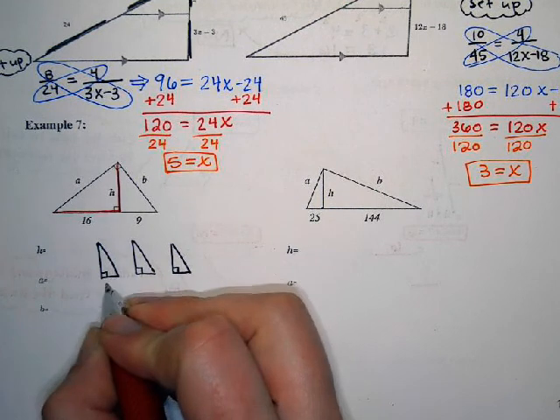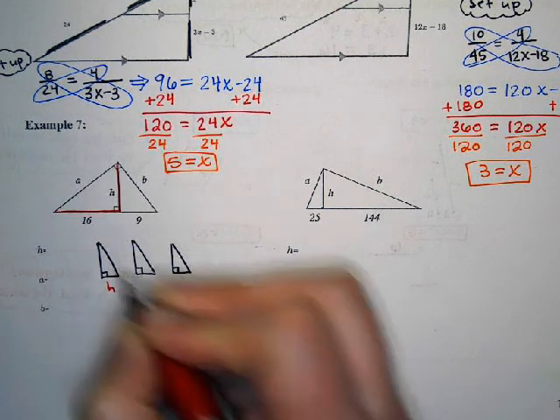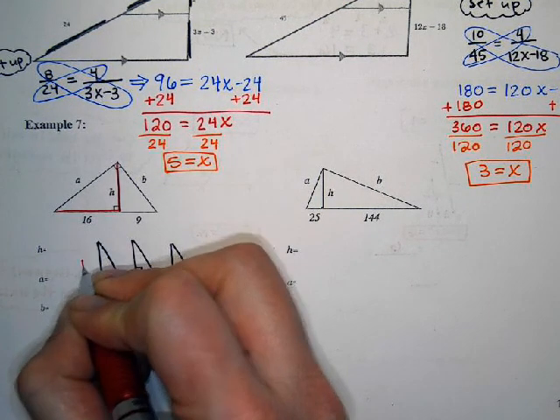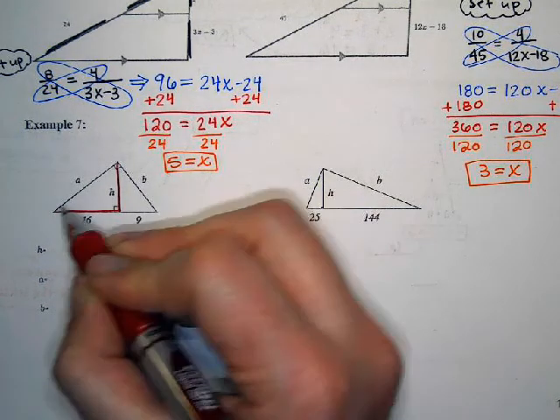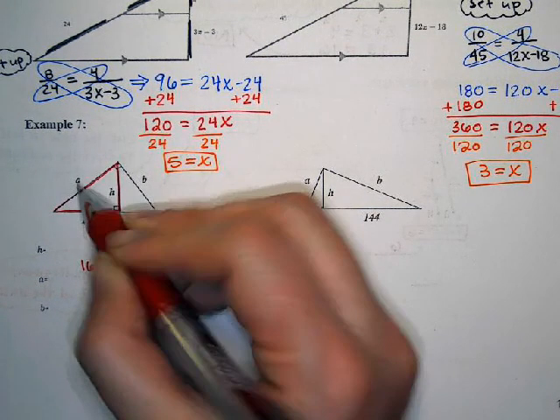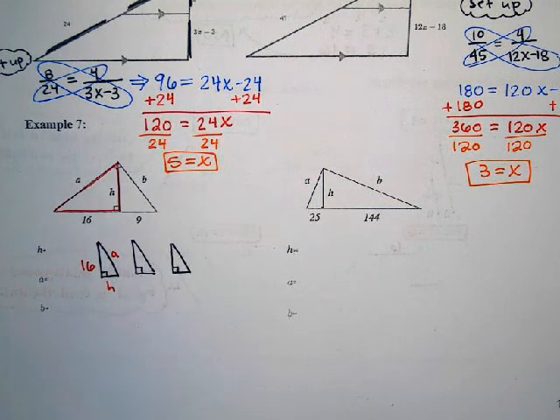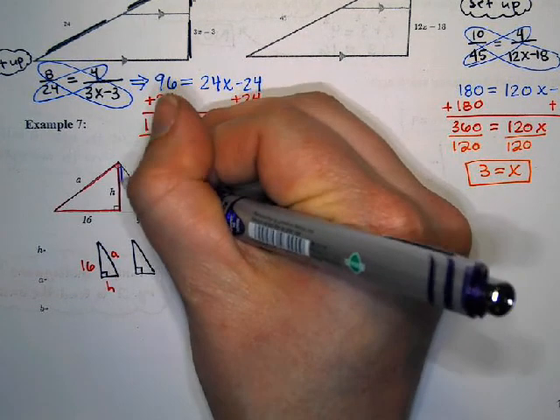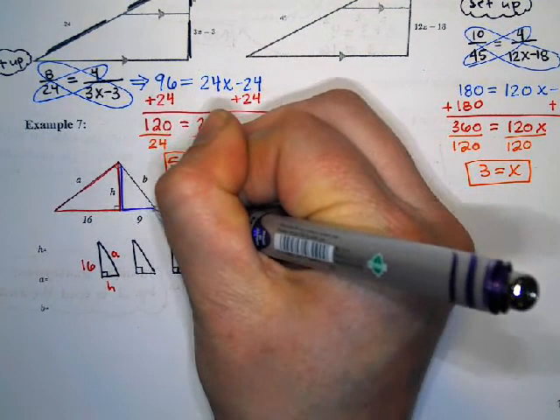Which leg is the short leg? H is the short leg, 16 is the long leg, and what would the diagonal be? A. Okay, cool. I pulled that triangle out, it's done.